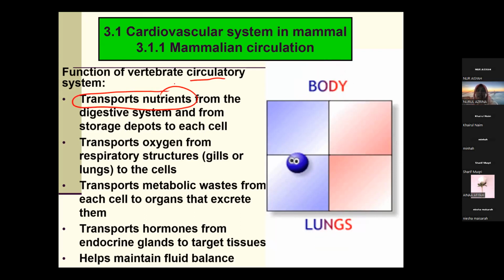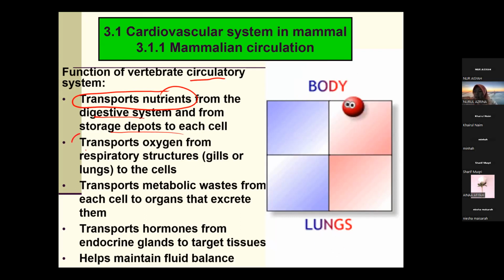Example, transport nutrient kat mana? From digestive system, it can be transported and stored from the storage depot to each cell. Daripada mana-mana tempat simpanan, kita boleh hantar ke cell. So this is the first function of circulatory system.